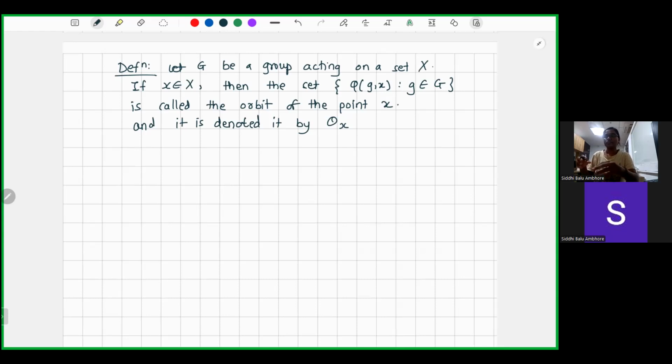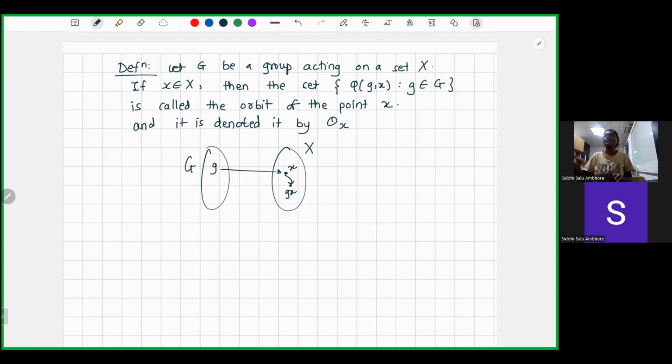If this is my set X, this is my group G, and x is a point here, and each element of this G is acting on this point x, then this x becomes Gx. So this was my x here, G acts on it, now it becomes Gx.